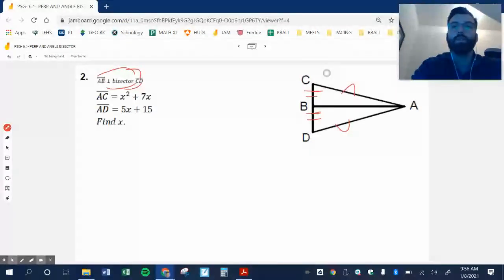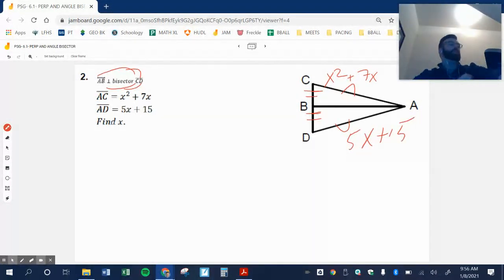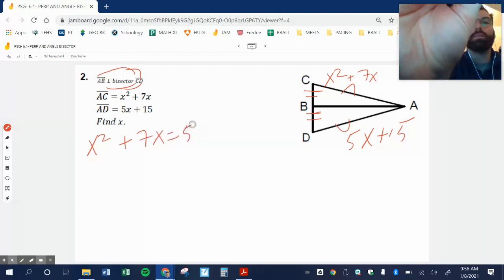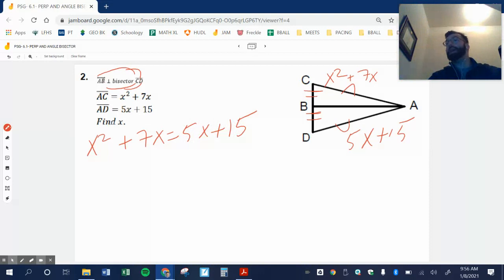So I got x squared plus 7x and then 5x plus 15. What should I do? Oh, I got 2 pairs of ears. I should set them equal. X squared plus 7x equals 5x plus 15. Hey, it looks like we might have to factor here because we have a square term.